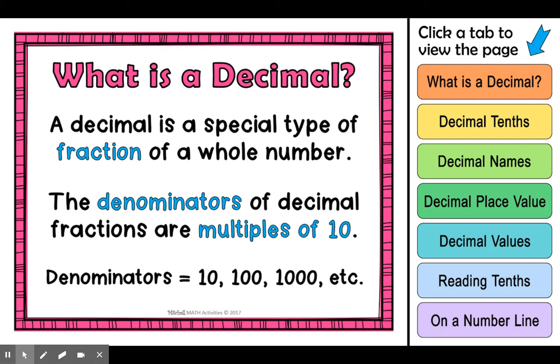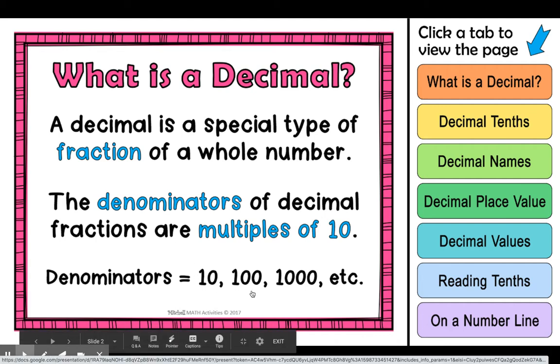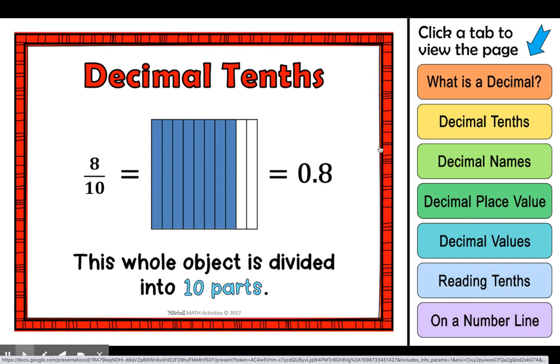Now decimal amounts can always be written in fraction form. And when we write them in fraction form, they're going to have a denominator of 10, 100, 1,000, or other powers of 10. But we're going to start with 10, tenths, hundredths, and thousandths. Let's look at tenths first.